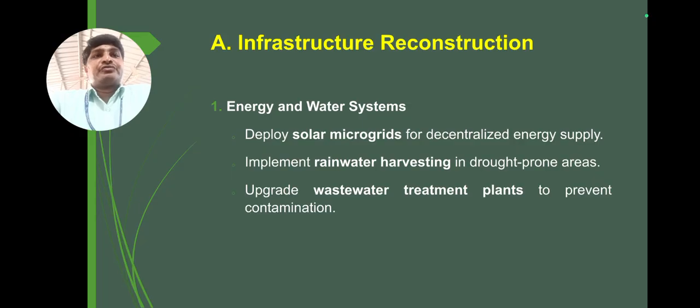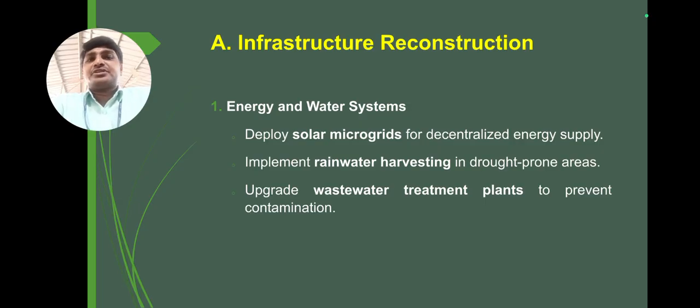Also under infrastructure reconstruction, one more is energy and water systems. That involves deploying solar microgrids for decentralized energy supply and implementing rainwater harvesting in drought-prone areas.